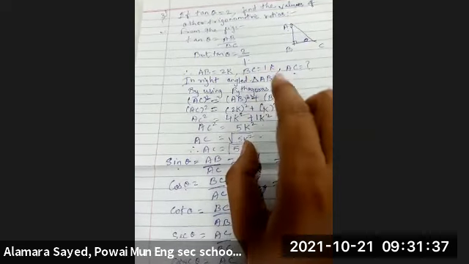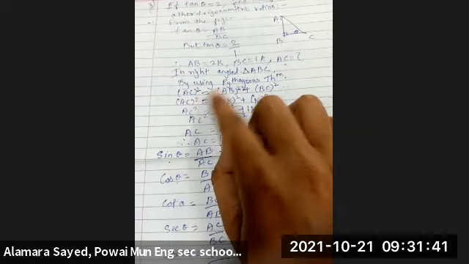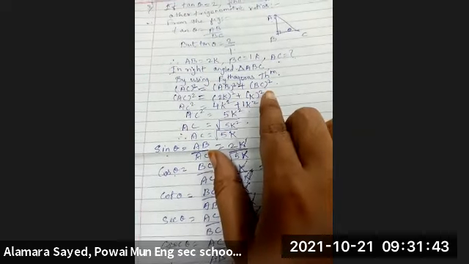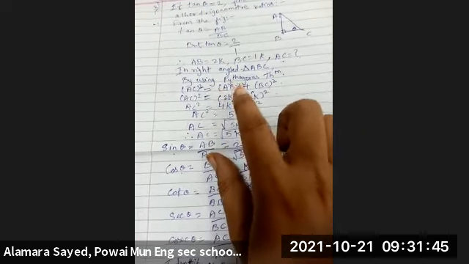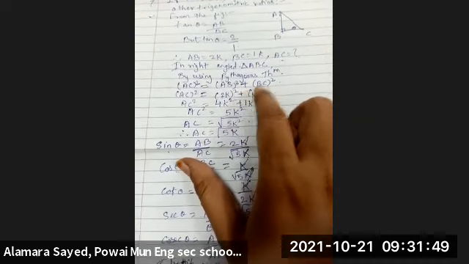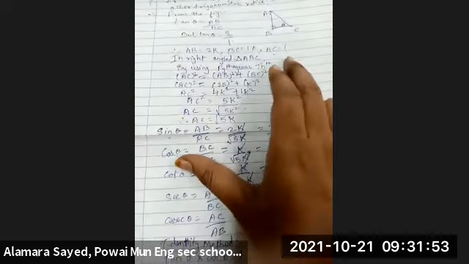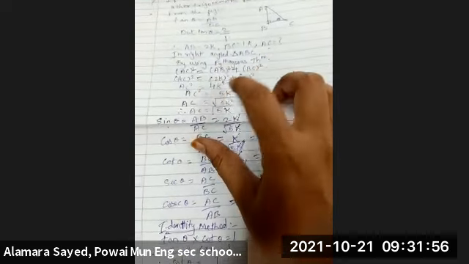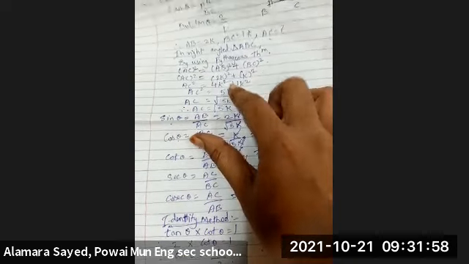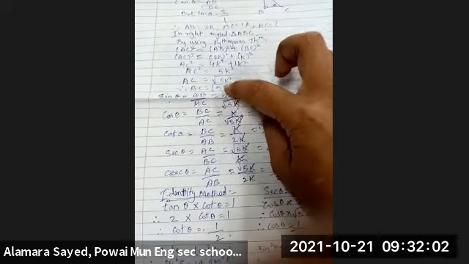So in right angle triangle ABC, by using the Pythagoras theorem, AC square is equal to AB square plus BC square. The value of AB is 2k, so 2k square plus the value of BC, k square. So AC square is equal to 4k square plus 1k square, which is 5k square, and AC will be under root 5k square.